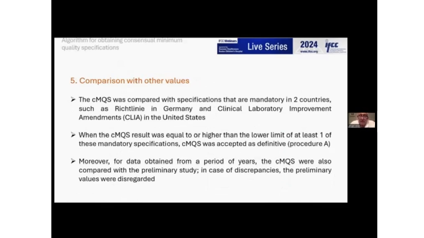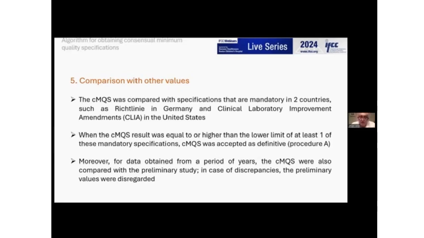Once we have this 95th percentile value, we refer to the mandatory compliance specifications, regulatory specifications from two countries, Germany, which are included in the Richtlinien, and the United States, which are also documented in the Clinical Laboratory Improvement Amendments. And then we do the following.